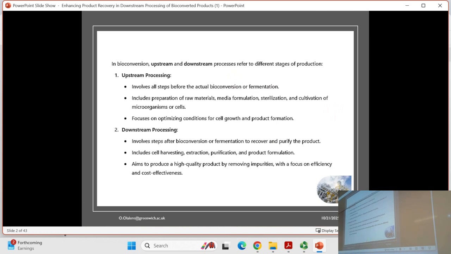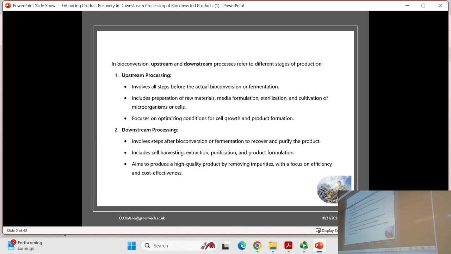After you finish the process, what are other things? And that is the reason why separation process is very important. When I told you last time that separation process in many industries take up to 70% of the cost of production. So it means if your downstream is faulty, the whole process will be faulty.